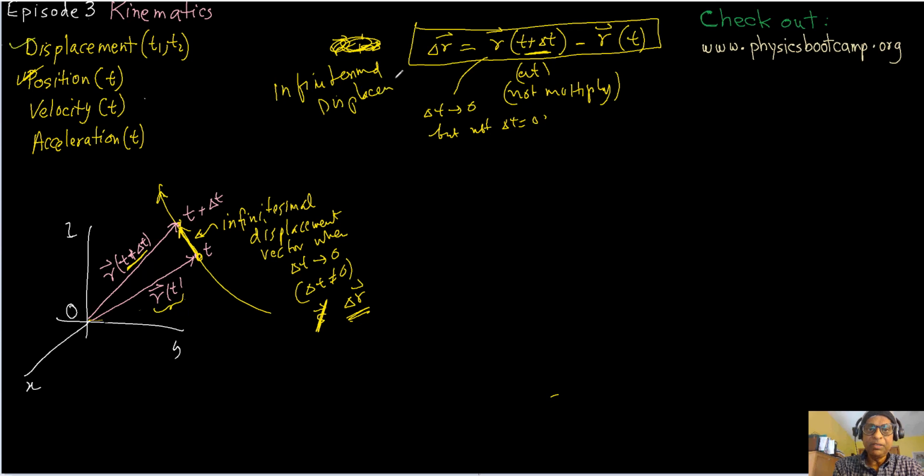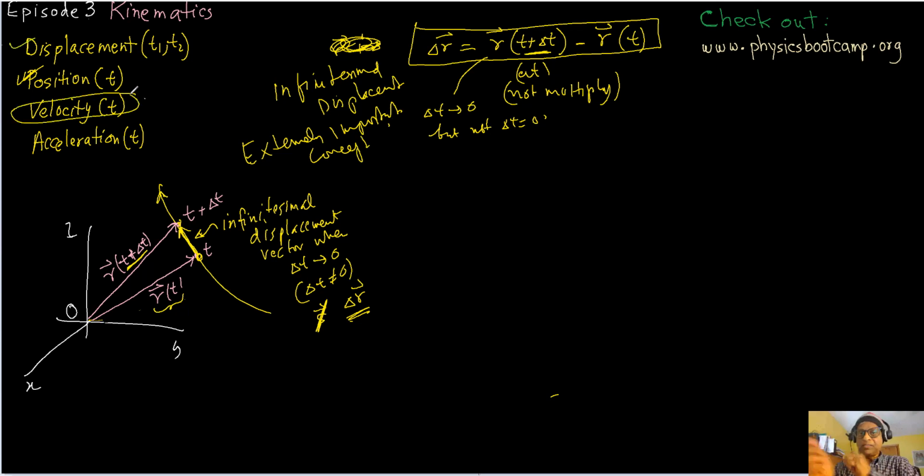and it turns out to be an extremely important concept. Because when we study how fast something is moving, all I have to do is divide this by delta t. So velocity will come out to be a velocity vector, which is a vector quantity.